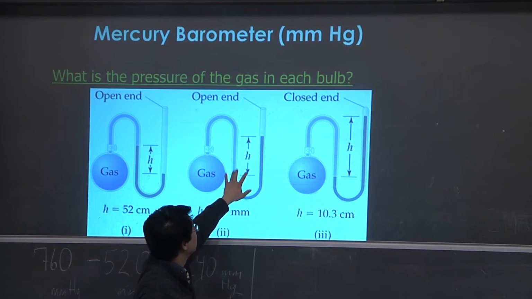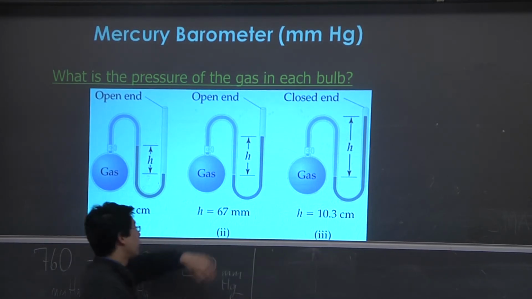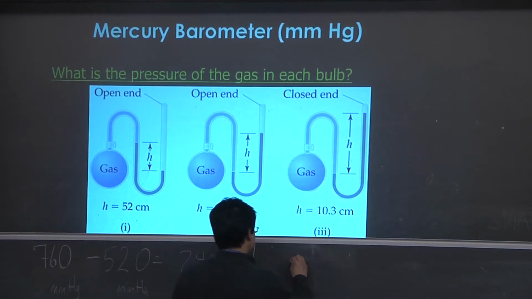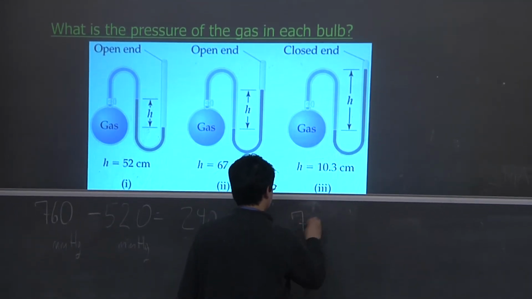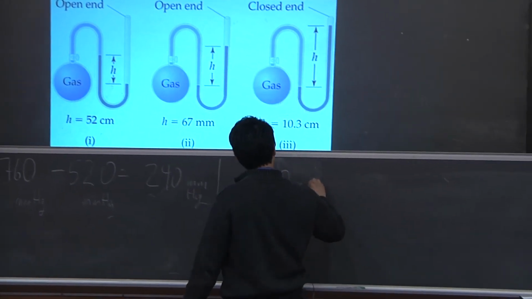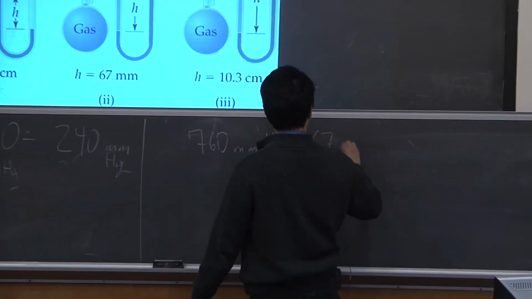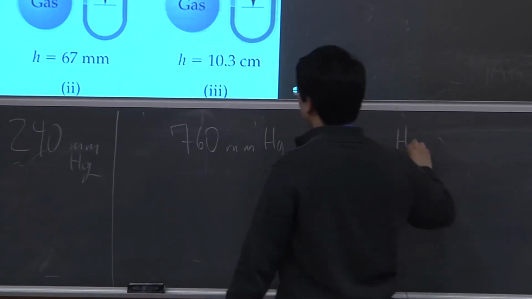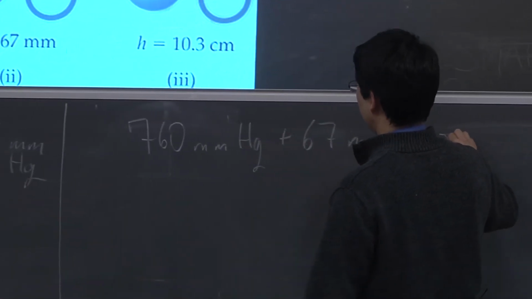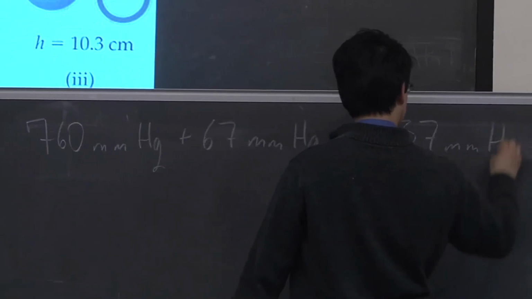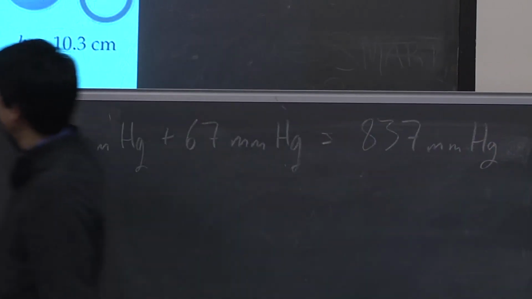So this pressure is greater than 760, and it's greater by how much? It's greater by 67. So what's the pressure? The pressure is 760 millimeters of mercury plus 67 millimeters of mercury, and that's going to give me 837 millimeters of mercury. So that's going to be the second one over here.